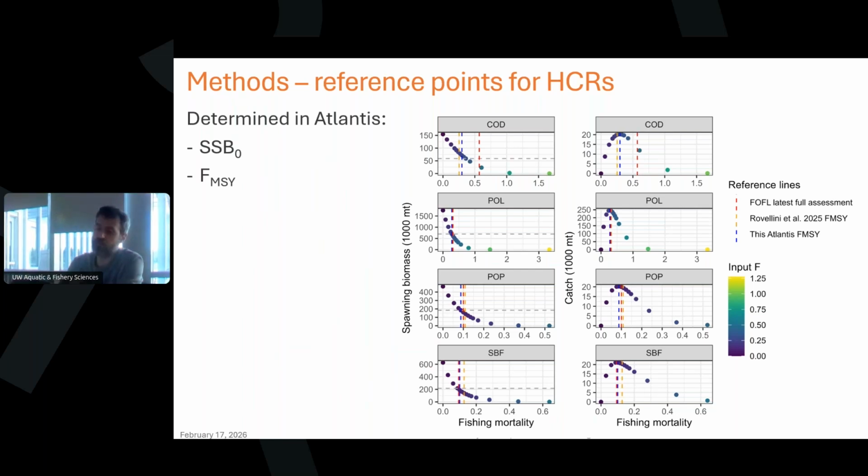Let's see what else. The only thing that I can point out is that for these 3, pollock, Pacific Ocean perch, and sablefish, the model's estimate of FMSY is fairly close to the FOFL from the latest assessment. FOFL is the fishing mortality at the overfishing limit, so basically you could call that a proxy of FMSY in a certain sense. The one exception was cod, where that's been a long-lasting feature of this model.